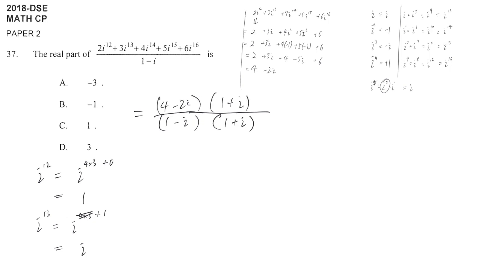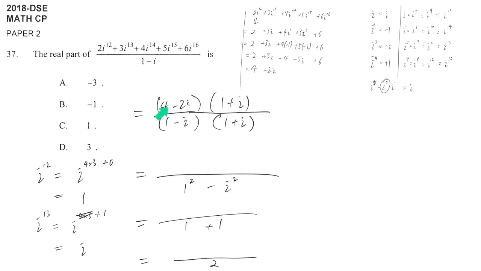If it is 1 minus i, then I type 1 plus i. Why do I have to do so? If I expand the denominator first, it will become 1 squared minus i squared. And then i squared will become -1, that means this will become +1. And the denominator will become 2, which is much easier to handle.